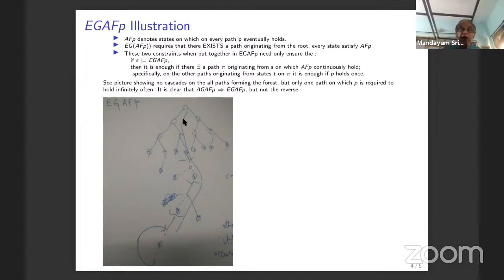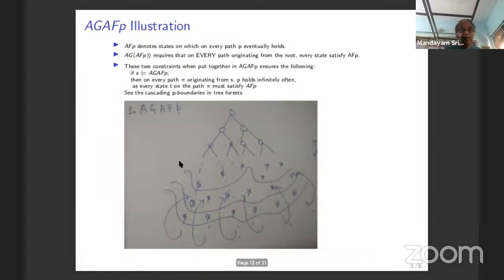So here it is enough if there is, okay, on this path it happens infinitely often. On these other paths, maybe AF eventually P will hold good, but they don't have to happen on all these paths. They don't have to happen infinitely often. That's why these crossed ones will not have to be part of a loop. Okay, so that is the difference.